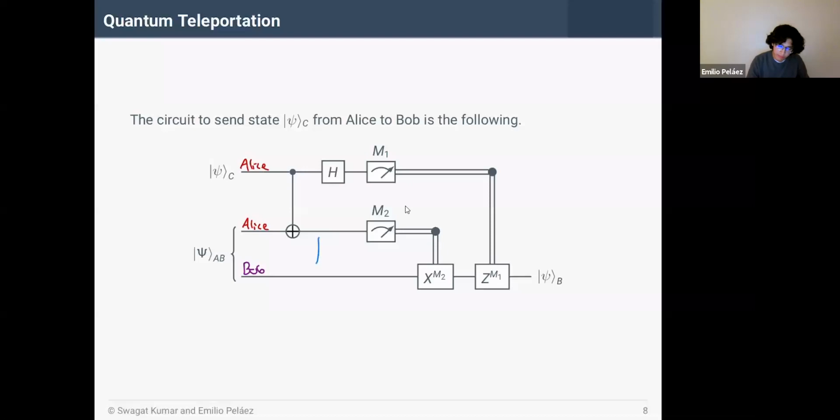Between these two wires, these two qubits, there can be any distance, okay? The input is already the state we want to send in the top qubit, C, and in qubits A and B we already have the entangled state, so we do not have to prepare it, it was prepared beforehand.